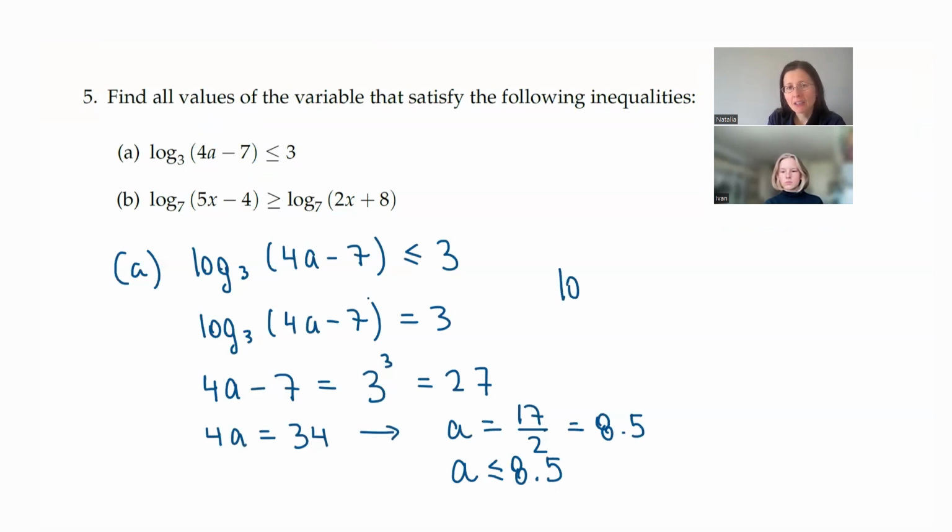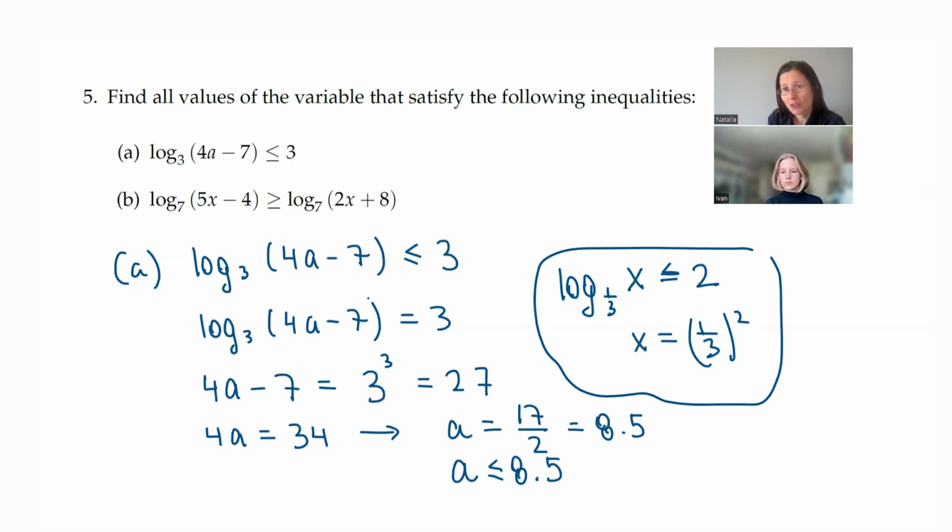If we had a fractional base and say less than 2, if you try to solve this one using the same principle, stating that it's equality, so x is equal to 1/3 squared for the equality, then to get a solution for this expression, in the end, x will actually have to be greater or equal than 1/9, because it was a fractional base, just like we have in inequalities when we divide by a negative.